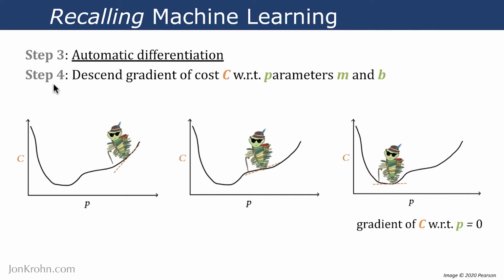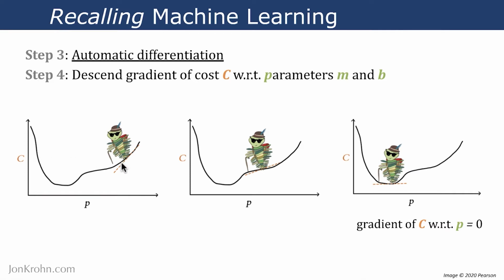And in step 4, based on that gradient that we calculated in step 3, we descend the gradient. So in this case here, we can see that there's a positive relationship between our model parameter and cost. And so this means that if we adjust our parameter down slightly, if we take a step downward, if we descend the gradient, then our cost will decrease as well.